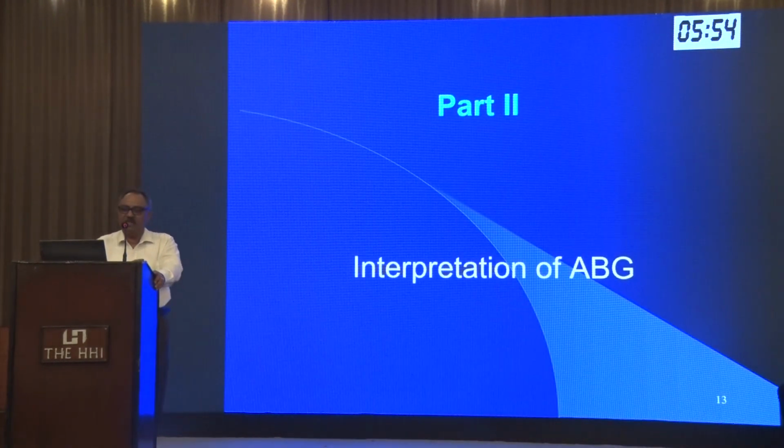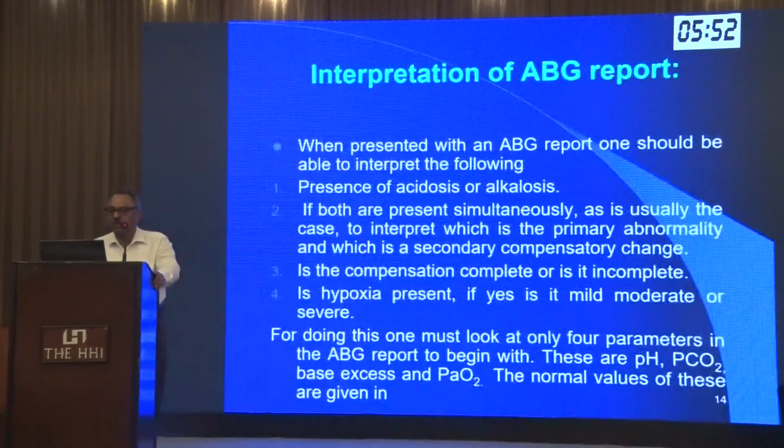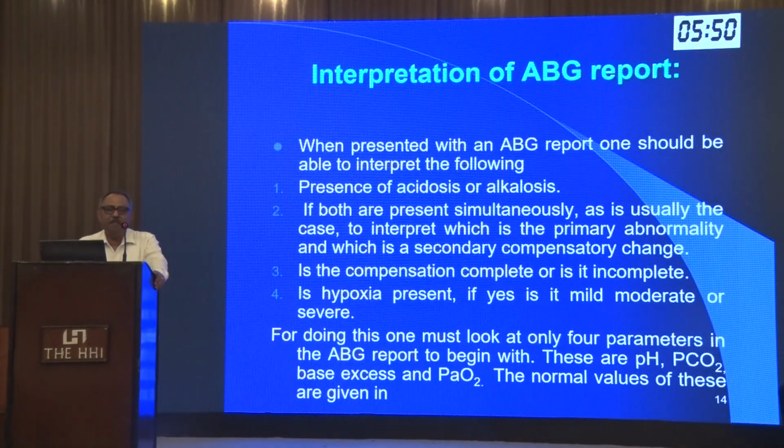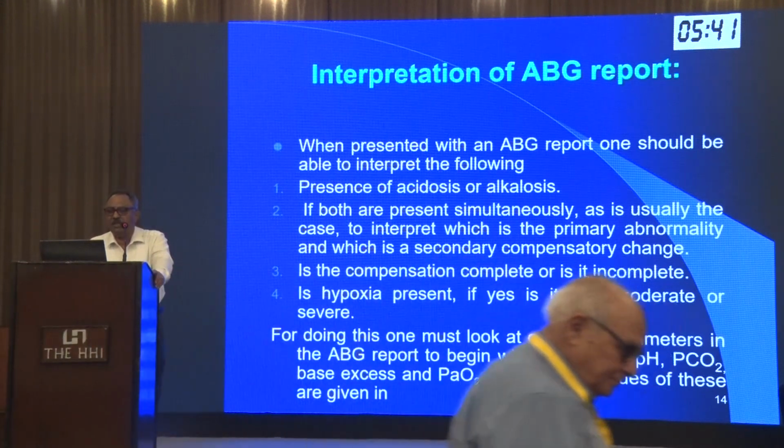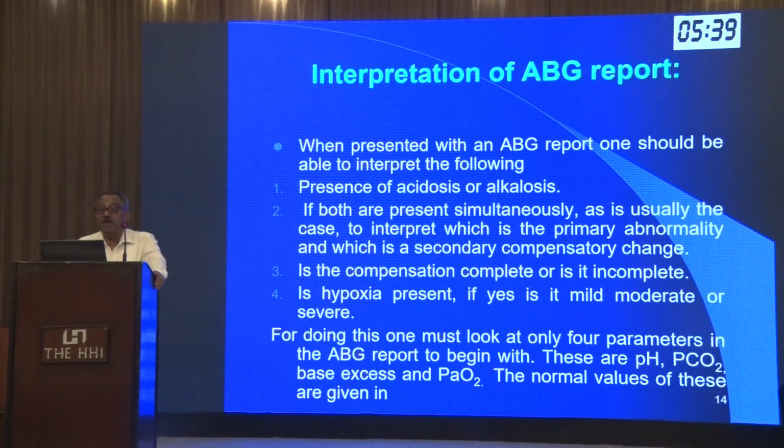Now, this is the interpretation part which I am coming to. When presented with an ABG report, one should be able to understand the presence of acidosis or alkalosis. If both are present simultaneously, as is usually the case, interpret which is the primary abnormality and which is the secondary compensatory stage.